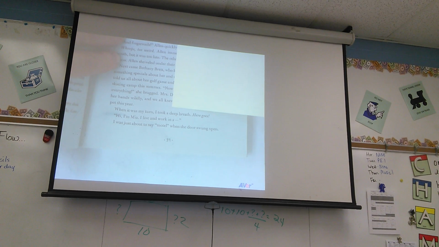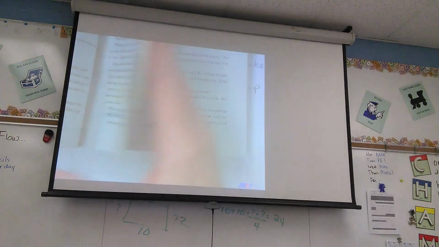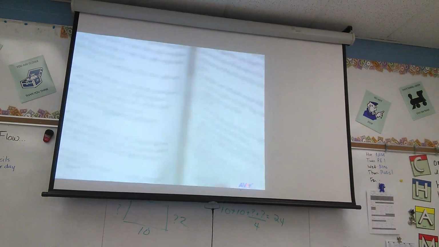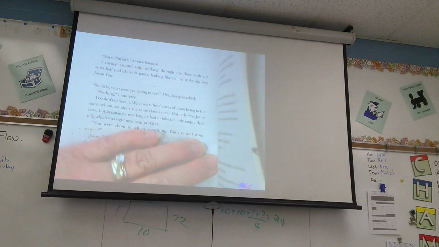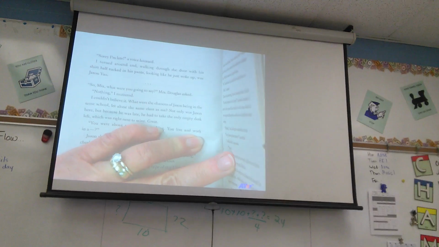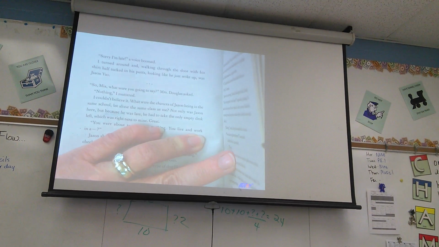And she's thinking about what she's going to say. It's her turn. "Hi, I'm Mia. I live and work in..." I was just about to say motel when the door swung open. "Sorry I'm late," a voice boomed. I turned around and walking through the door with his shirt half tucked in his pants, looking like he just woke up, was Jason Yao.